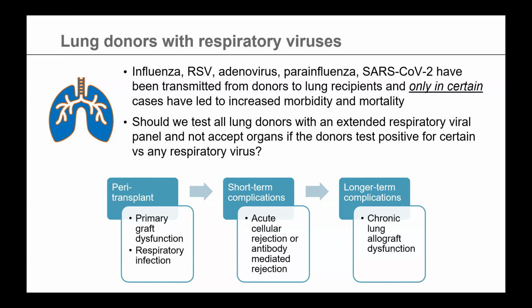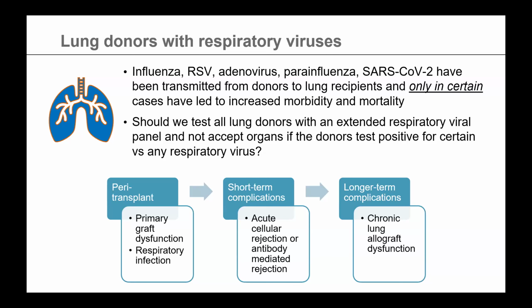But we have to think about this beyond just the infectious complications, because we know with many of these infections, particularly our respiratory viruses for our lung recipients, these carry non-infectious sequelae. In the peri-transplant period, it increases the recipient's risk for primary graft dysfunction or respiratory infection. There are short-term complications such as acute cellular rejection or antibody-mediated rejection. And then, of course, many of these viruses go on to predispose our transplant recipients to developing chronic lung allograft dysfunction.